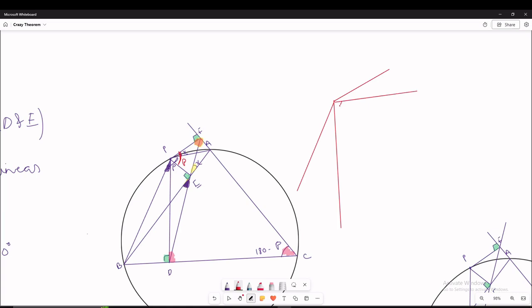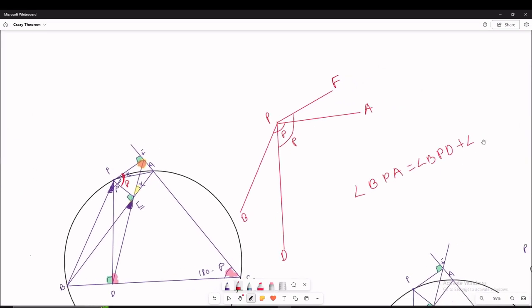And we know that this angle is P. This angle is P. So can we say that this is B, this is P, and this is D, and then this is A. Can I say that angle BPA is equal to angle BPD plus angle APD.